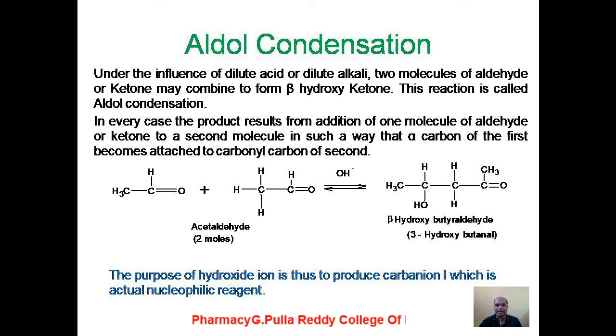This hydroxide ion is the main thing which is used to produce carbanion, which is an actual nucleophilic reagent. The purpose of hydroxide ion used in this reaction is to produce a carbanion, which is the main nucleophilic reagent. Its use can be explained in detail in the mechanism of aldol condensation.